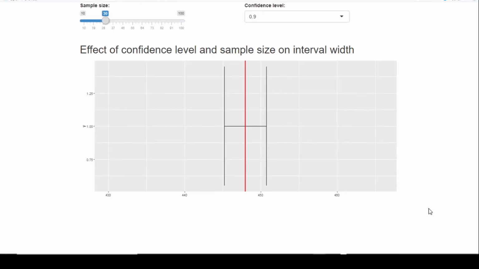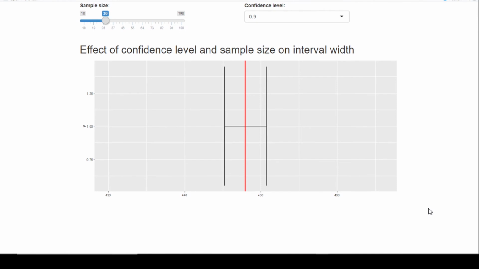Okay, so we said that there are three factors that will influence the width of my confidence interval, namely the confidence level, the sample standard deviation, which is a reflection of the variation in my data, and then the sample size. So on this slide, I'm going to show you the influence of the sample size and the confidence level.